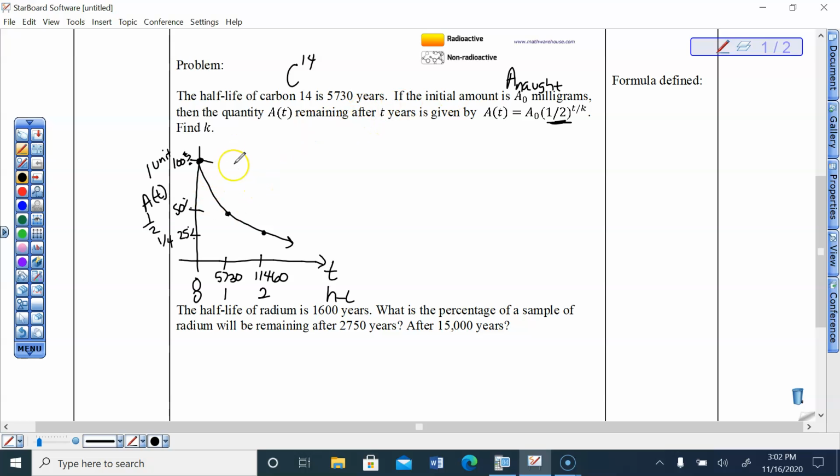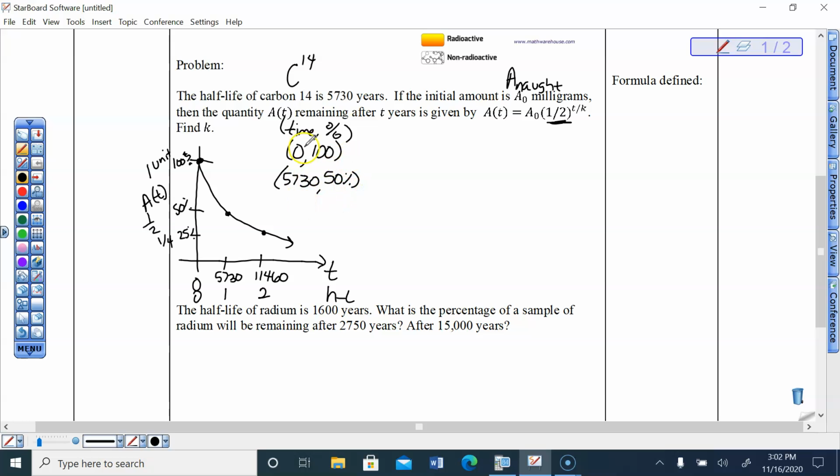So let's go ahead and just gather some points here. We have a point at 0 years, we have 100% of the radioactivity of C14, and this could be time, and then this could be percent left of radioactivity. And then at time 5730, we could be at 50%.